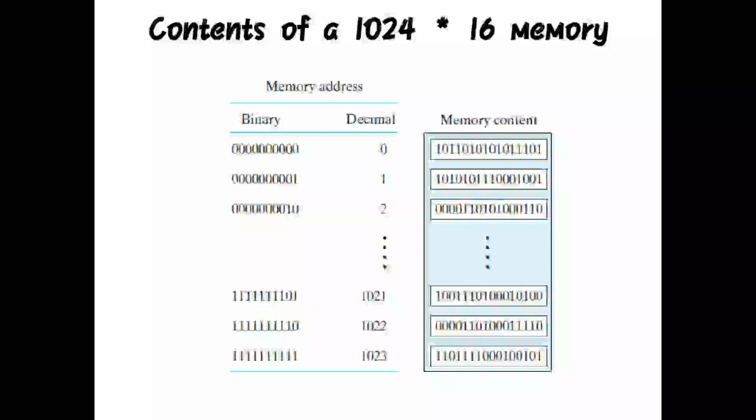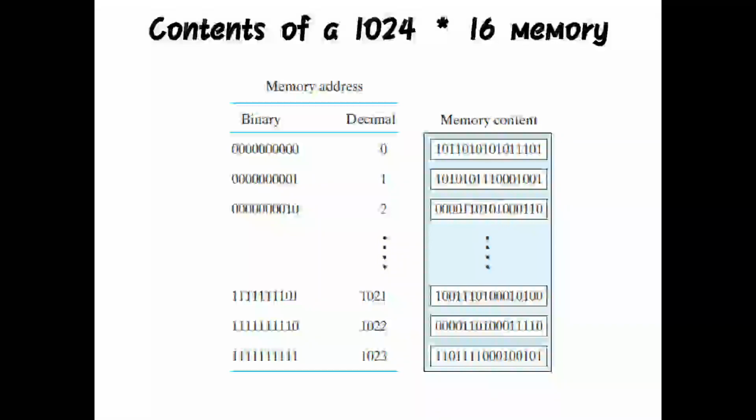Each of the decimal numbers is represented in binary in terms of 10 bits. So 0 is represented as all 0s, then 1 is all 0s ending with 1, then 2. Similarly, 1023 is represented with all 10 bits as 1.